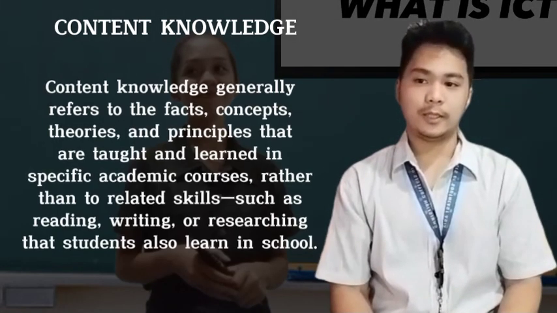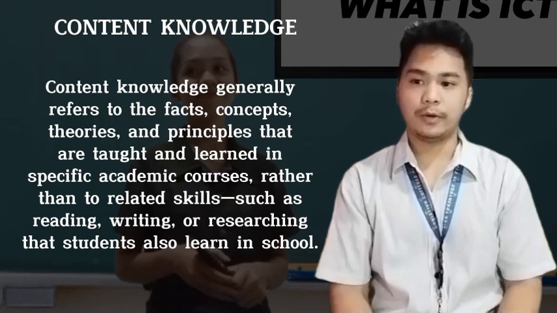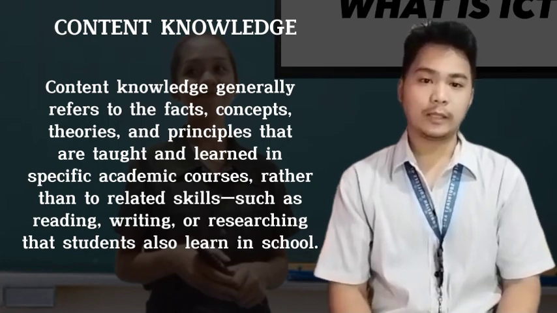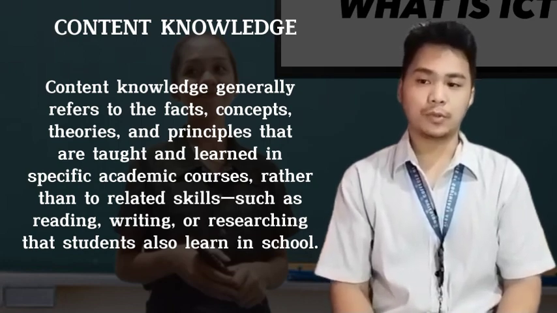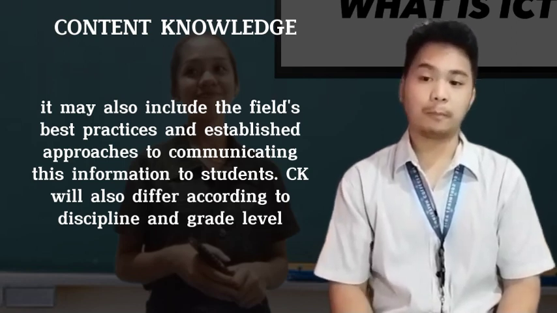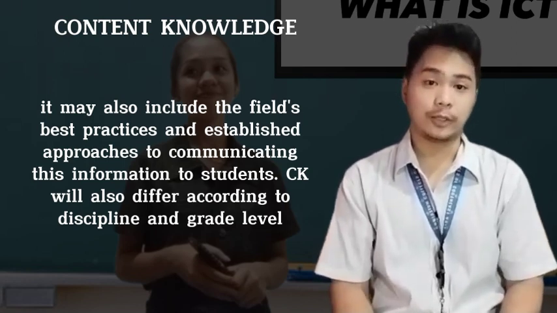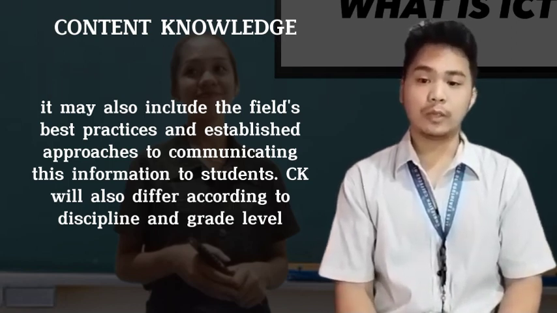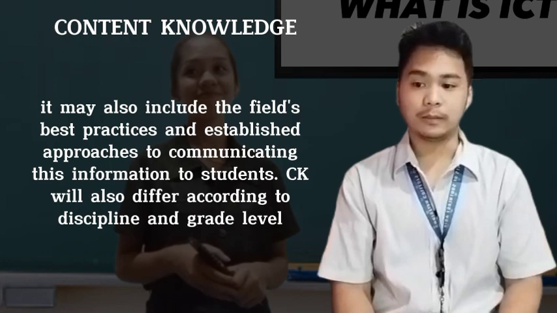Content knowledge or CK generally refers to the facts, concepts, theories, and principles that are taught and learned in specific academic courses, rather than to related skills, such as reading, writing, or researching, that students also learn in school. It may also include the field's best practices and established approaches to communicating this information to students, and CK will also differ according to discipline and grade level.